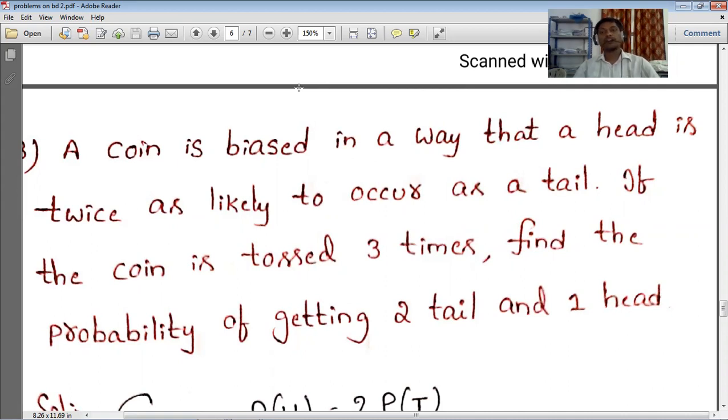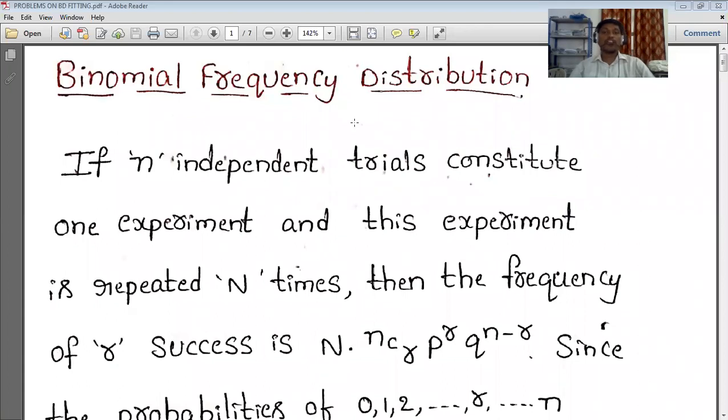Okay. So next topic, binomial frequency distribution. So those are the problems on binomial distribution, and here we are seeing different problems by using the same formula: P of capital X is equal to small x is equal to nCx p power x q power n minus x.